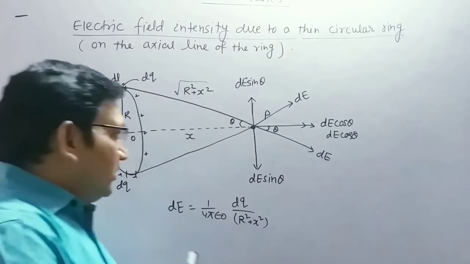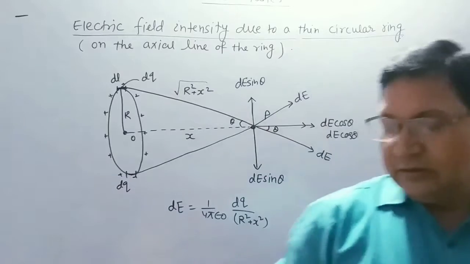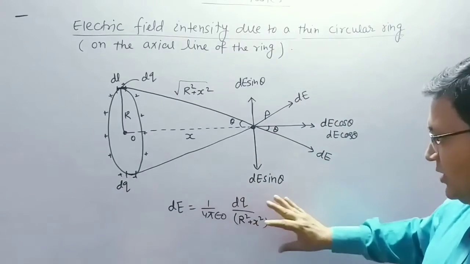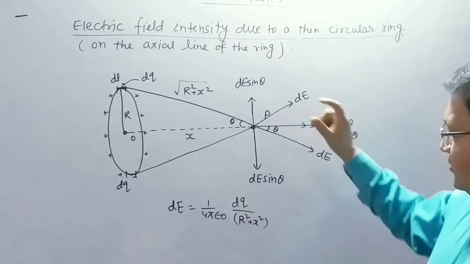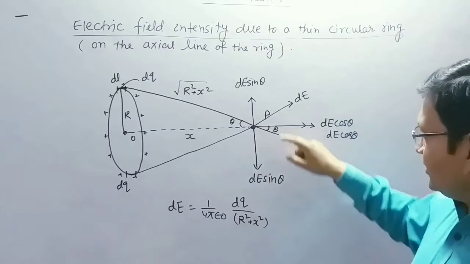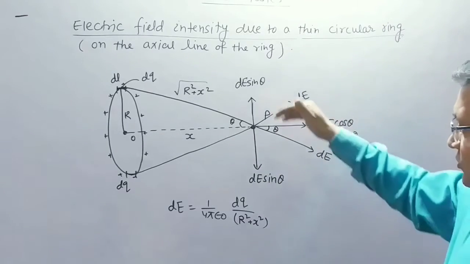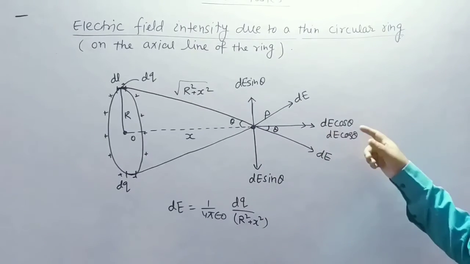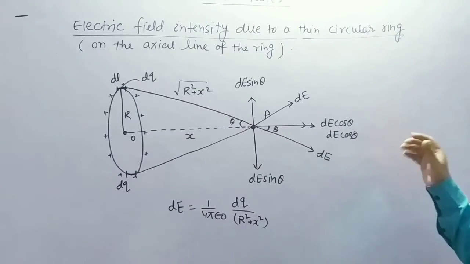If you look at the diagram, we find that the magnitudes of these two fields dE are equal, and the vertical components dE sin theta and dE sin theta are equal in magnitude and opposite in direction. So these two components will cancel each other, and the horizontal components dE cos theta should be added.